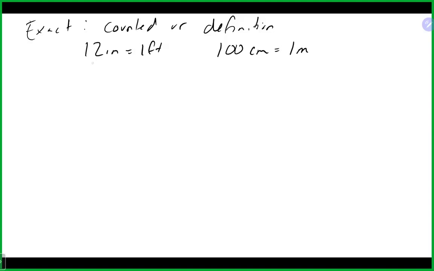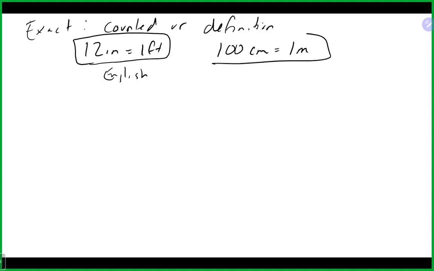It is always an exact number if it is something like an English to English conversion or a metric to metric conversion. The only time you do have to look at a conversion that is not an exact number is if you kind of cross over.